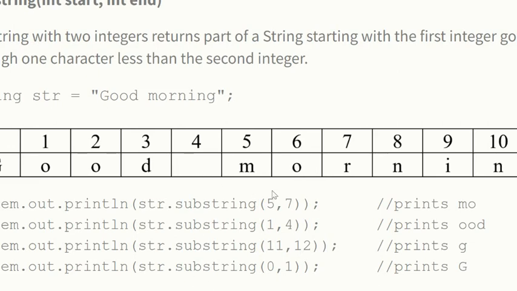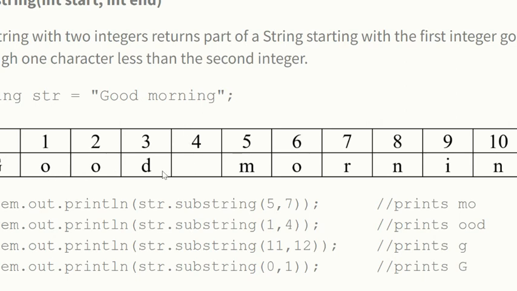So if I said substring 5,7, it's not going to give me MOR, it's going to give me just MO, because it goes 1 less than the second number. Sorry, that's just what it does. But you'll memorize it. And if I do 1,4, it's going to give me, sorry, not good, because the first character is 0, so it starts at 1 and goes to 1 less than 4, which is ud.